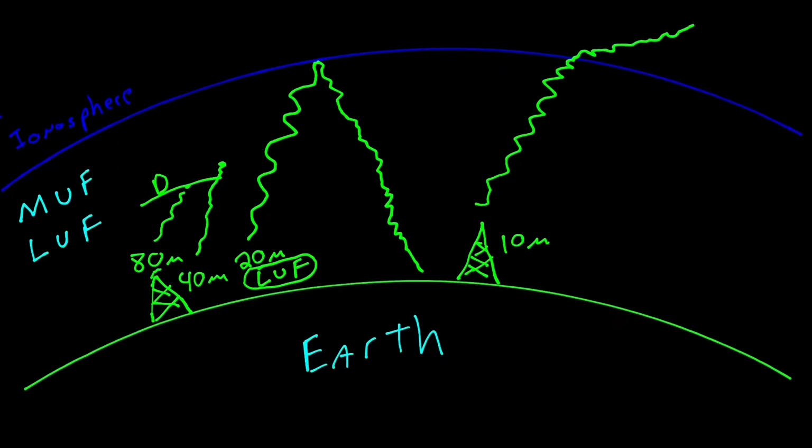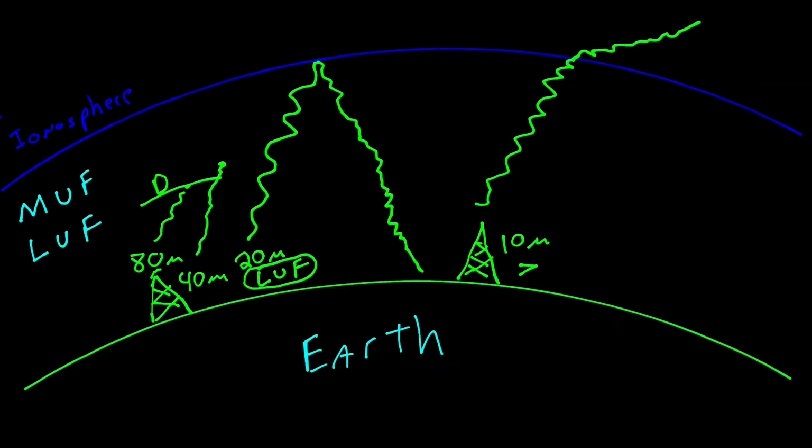So above, we can't use for long distance communication, we cannot use anything that is going to be higher than 10 meters in frequency. So VHF, UHF will obviously go through the ionosphere, be refracted or bent, and go out into space. So someplace between 20 meters and, let's say, 10 meters, let's try 17 meters.